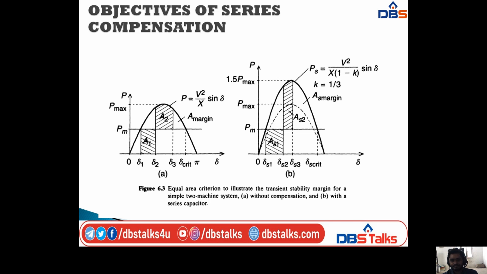Here we have two areas, AS1 and AS2, and the area margin AS margin. The sending end power is V squared by 2X into (1 minus k) into sin delta, where k is equal to 1 by 3. The angle changes from delta S1 to delta S2, and delta S3 to delta S critical.